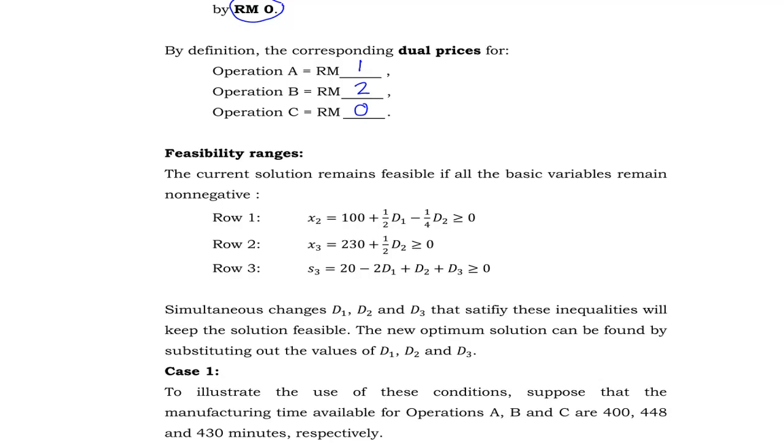Okay, so feasibility range, we can get from row 1, row 2, and row 3 from the optimal tableau.